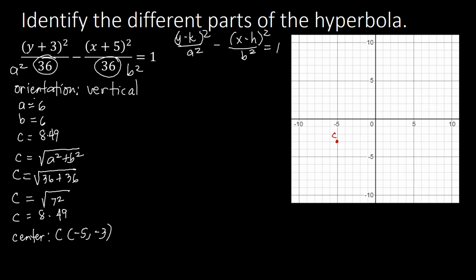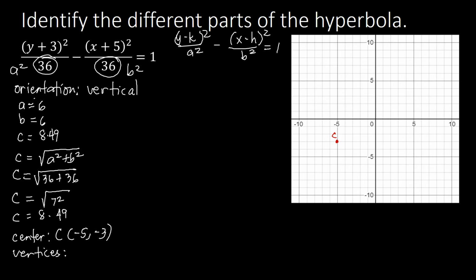So we will be locating now the different parts, in which we have there the vertices. The vertices we will be locating on the graph by simply counting the number of units from the center going to our vertex. Now, since this is vertically oriented, we will be counting from the center to the vertex upward and downward.